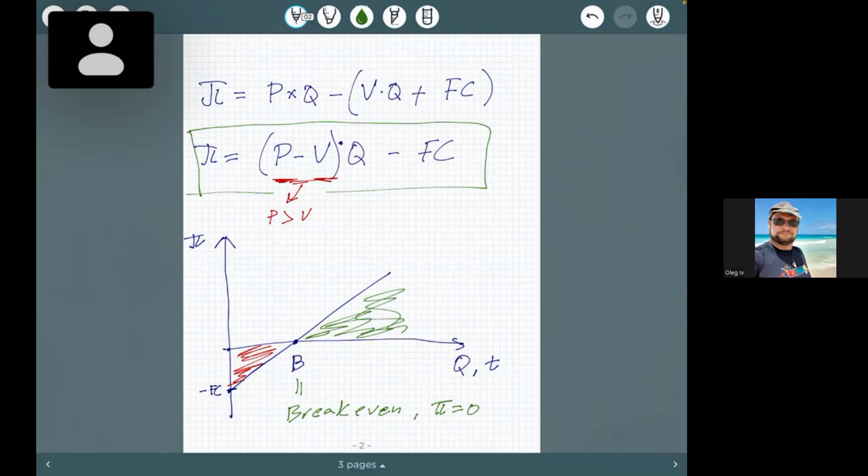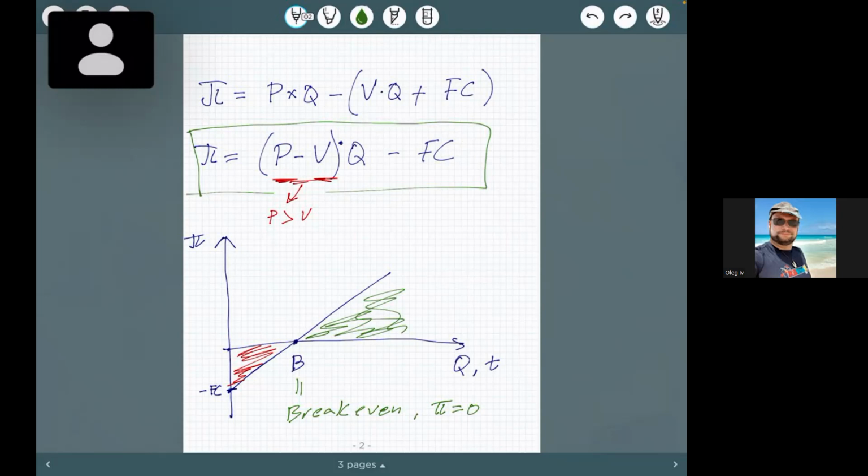We need to cross point B, or as we call it in economics and finance, we need to break even. Mathematically, that's the point where profit is equal to 0. I'm going to derive it in a bit. It's pretty easy. We still use this equation, just profit equal to 0, and then you can find whatever you need to be found.